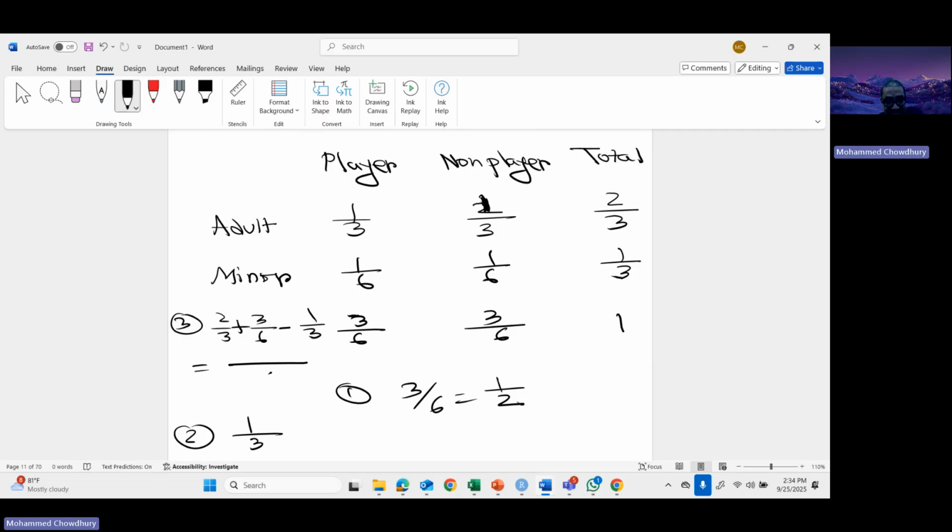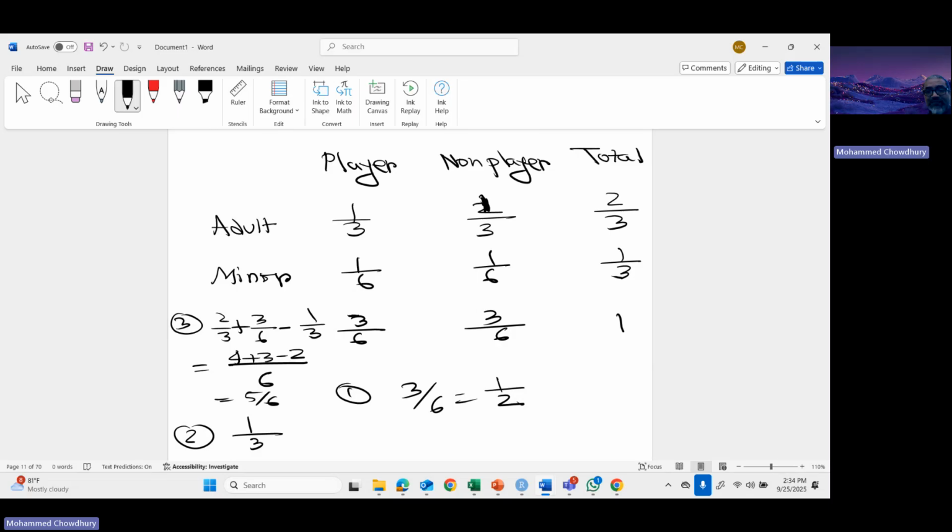If you put 6 here, you will get 4, you will get 3, you will get 2. So that means you have 5 over 6, right? So we are solving the same problem. First one is the frequency approach, where I transfer frequency to probability. Second, I have a contingency table, I convert it to a joint probability table, and then I compute all the probabilities.